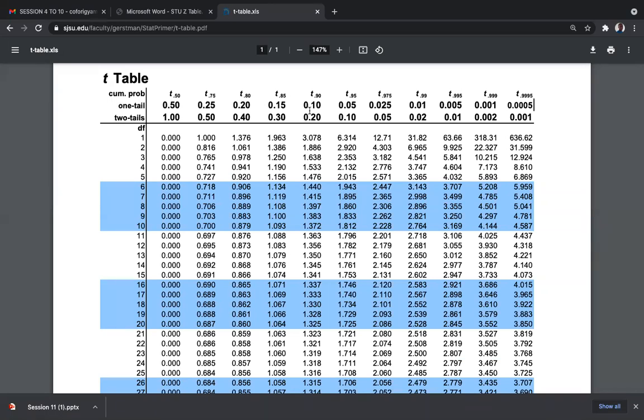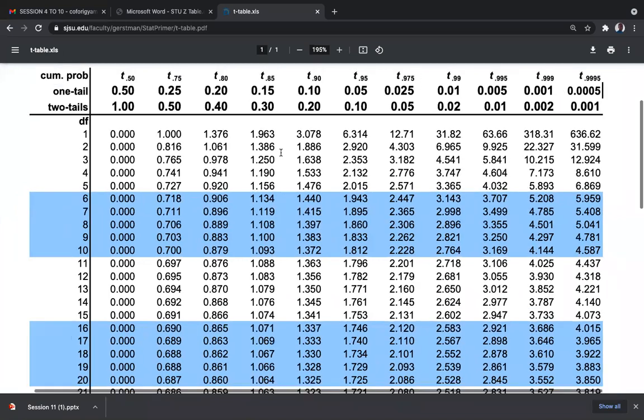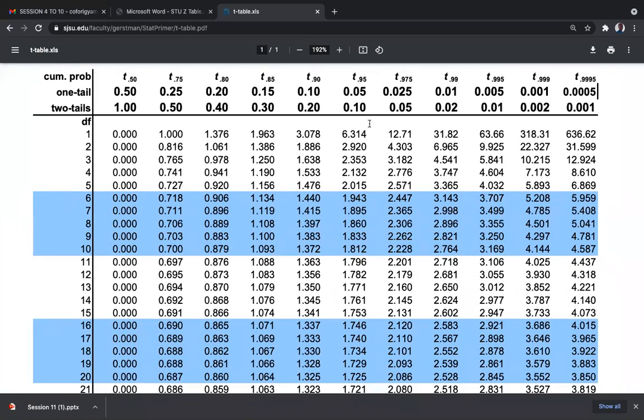Either... for this T table, it's showing us both one-tailed and two-tailed probabilities. Okay, now as you can see, a two-tailed alpha of 0.05 corresponds to a one-tailed alpha of 0.025.